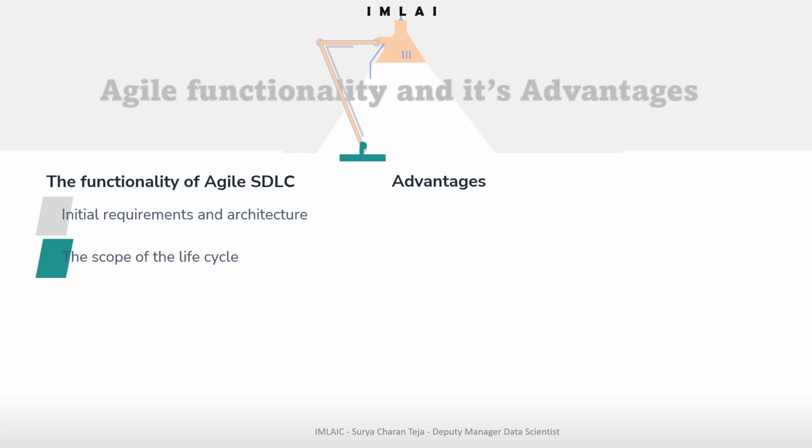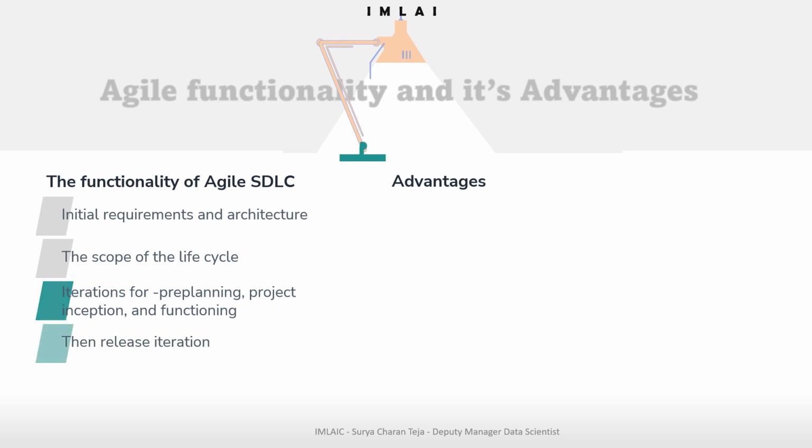Then the most important aspect is iterations for pre-planning, project inspection and functioning. Then the release iteration and the final closure. This is how your agile SDLC works. Fundamentally, these are the steps it goes through.